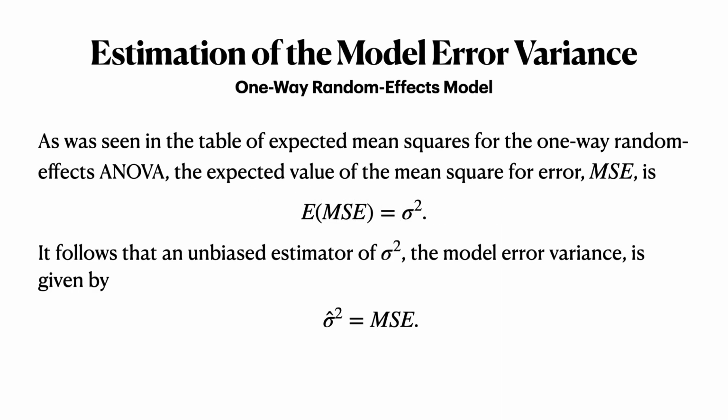As was seen in the table of expected mean squares for the one-way random effects ANOVA, the expected value of the mean square for error, MSE, is equal to sigma squared. And so this implies that an unbiased estimator of sigma squared, the model error variance, is given by the MSE. And so we will denote this using our standard notation sigma hat squared.